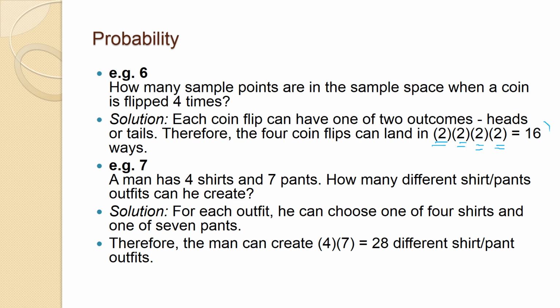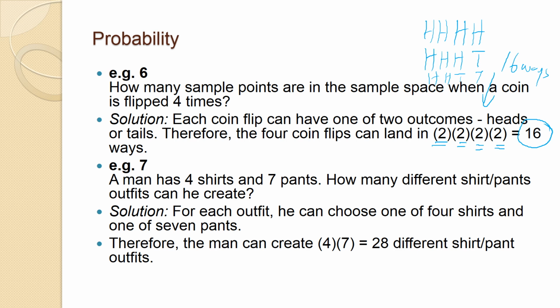So you have 16 ways, which means probably the first one you get H, or H, T, or T, and so on and so forth. You have 16 ways of getting different combinations of this space.